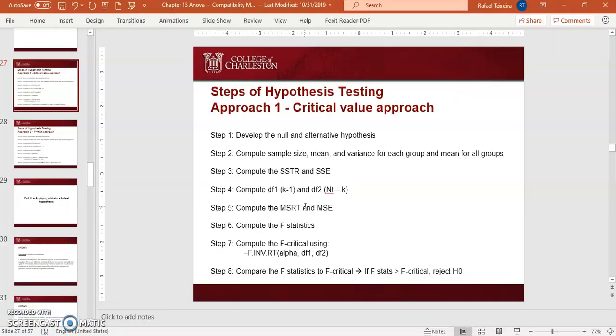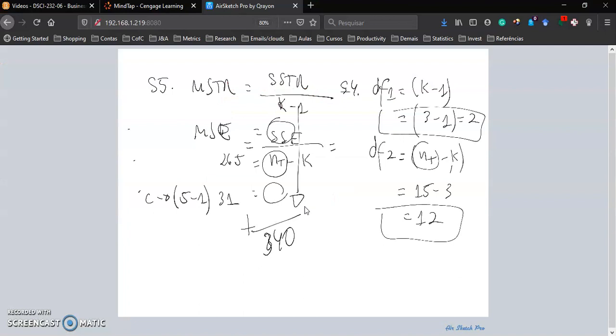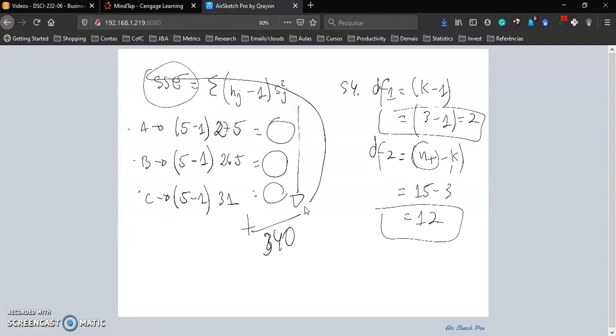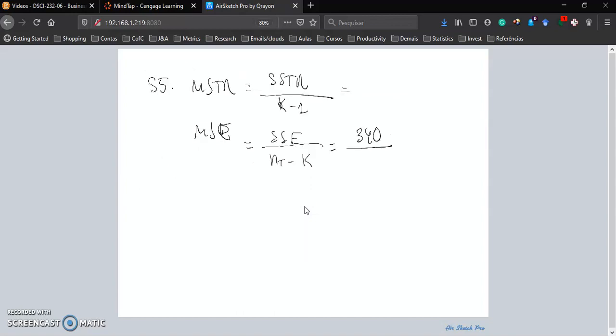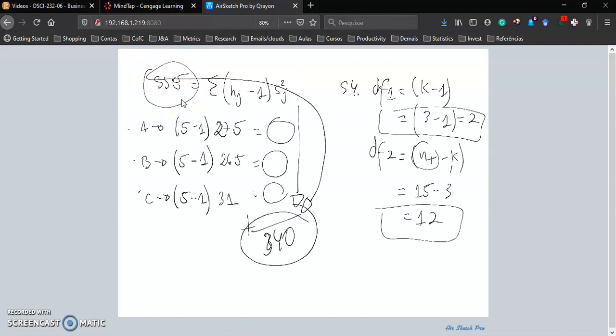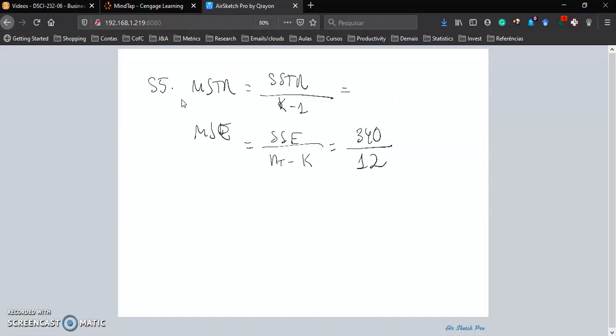I have these numbers, remember, so let me get those. The sum of square due to treatment is 520, divided by 2. The sum of square error is 340, divided by 12.